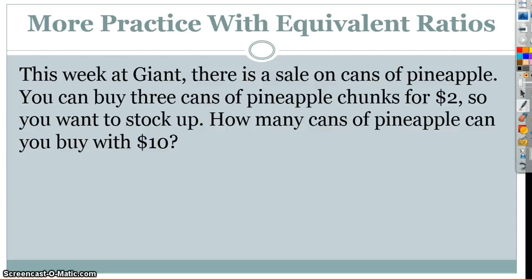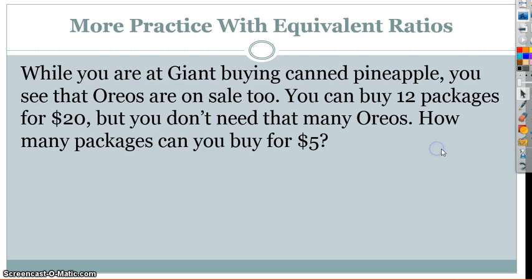Now we're going to stay at the grocery store because we've also noticed that Oreos are on sale. You can purchase 12 packages for $20.